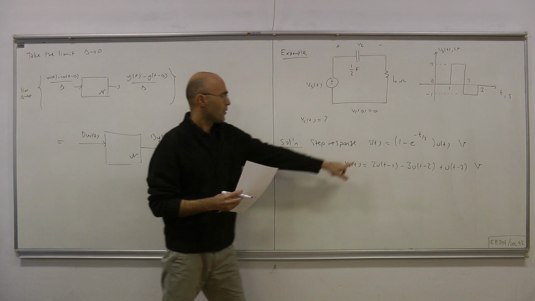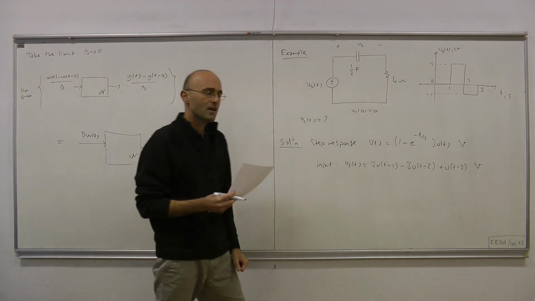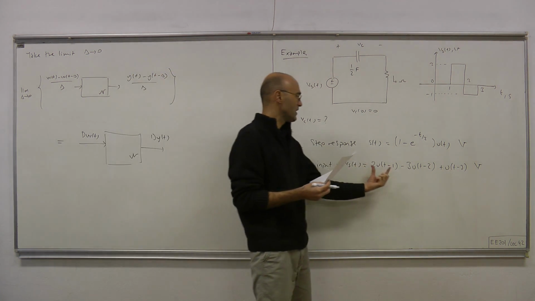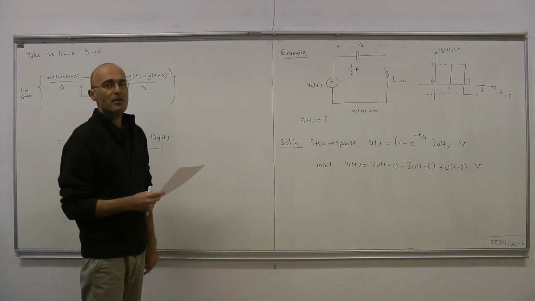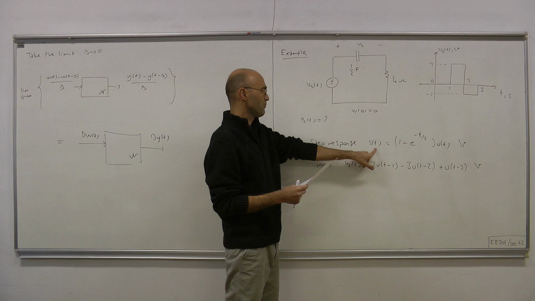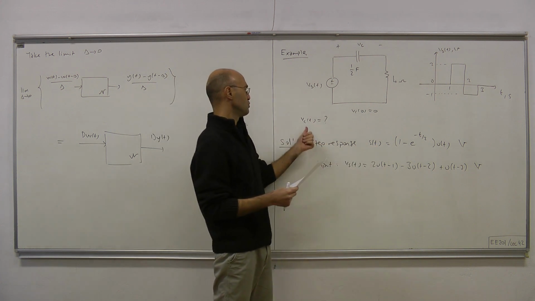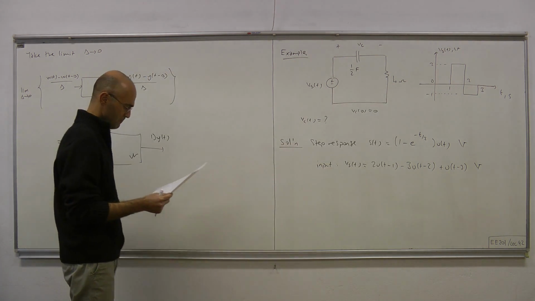Okay. Now, S(t), the step response, is the response due to u(t), and since the input can be written as scaled and delayed versions of the unit step, we can use the step response to express the solution VC(t) for that particular input VS(t).